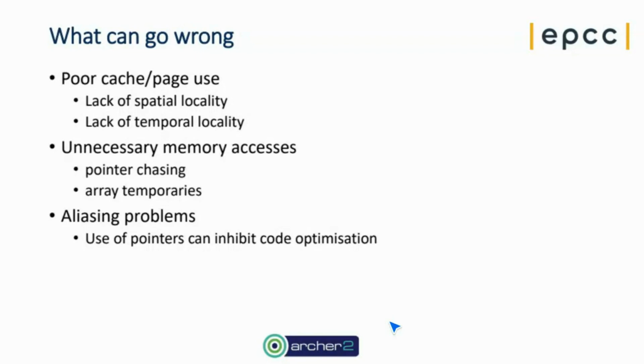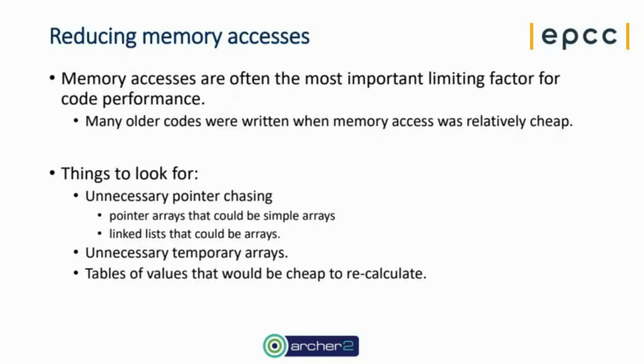And we can also have aliasing problems. As we talked a bit about in refactorization, unrestricted use of pointers can inhibit code optimization. So, things to look for.